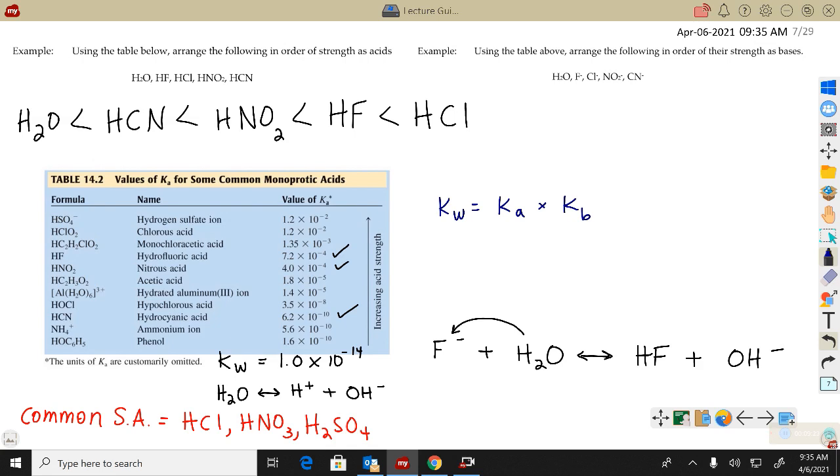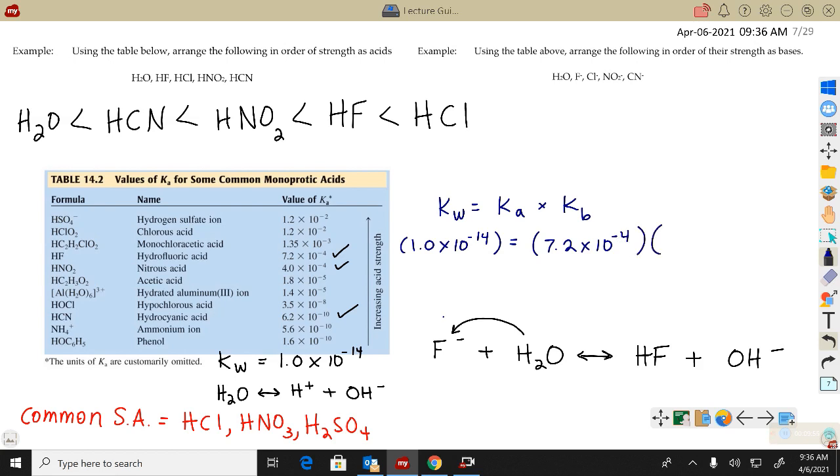And so if I wanted to really calculate a Kb, let's say I was looking at fluorine. I'd say, all right, Kw is a constant. It's in your packet. It's 1.0 times 10 to the negative 14. Ka is given to me on this table. So if I'm doing HF, it would be 7.2 times 10 to the negative 4th.